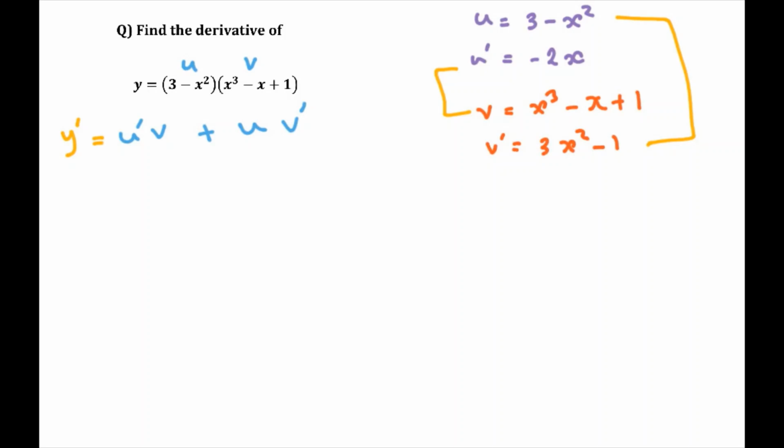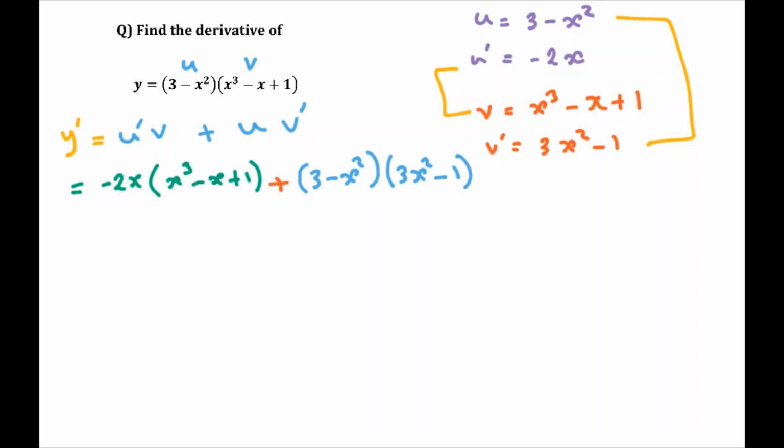So u prime is negative 2x multiplied by v, plus u multiplied by v prime. Now you can simplify, expand, and finish the question.